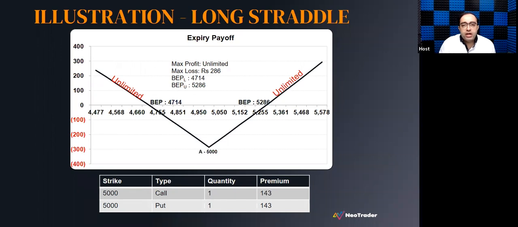These levels are achieved by adding the premium amount, subtracting it from 5,000 and adding it to 5,000. So you will get this payoff diagram. If the market moves far away from the strike, your profit will be unlimited. If it stays near the strike, you will have a problem. This is the scenario of a long straddle.